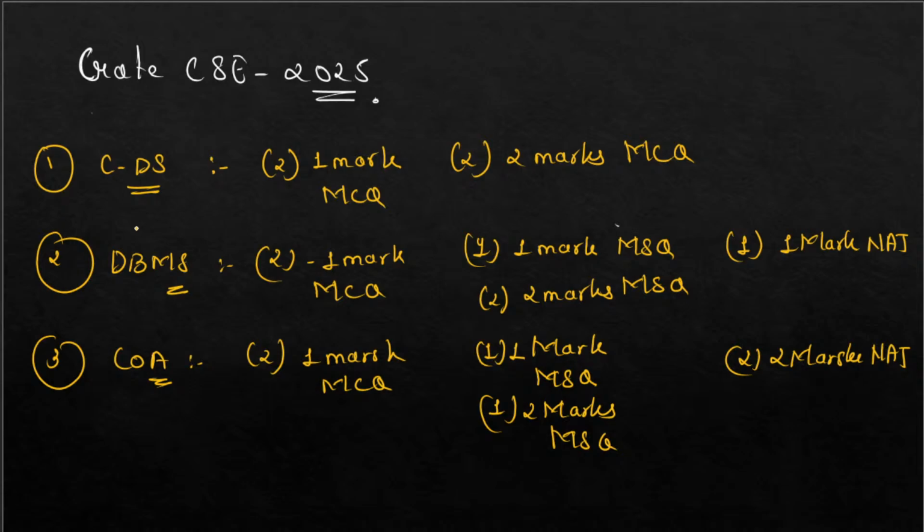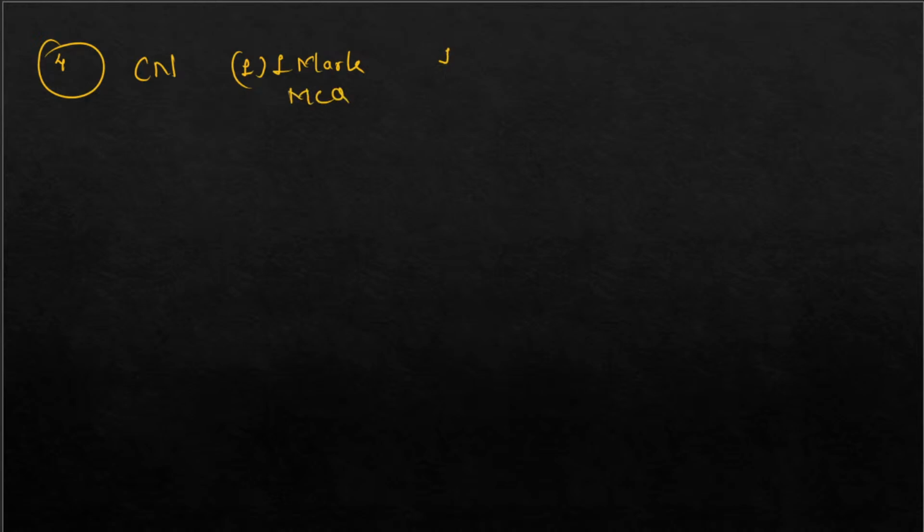Now let's see more subjects. The fourth subject is CN. For CN just 1 question came for 1 mark and the type was MSQ. 1 question came for 2 marks, and it was MCQ type.